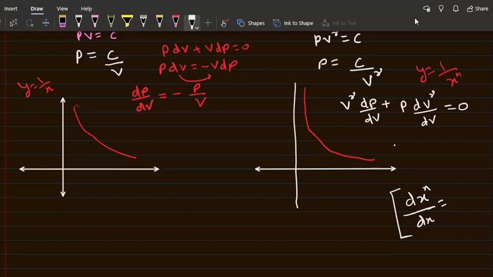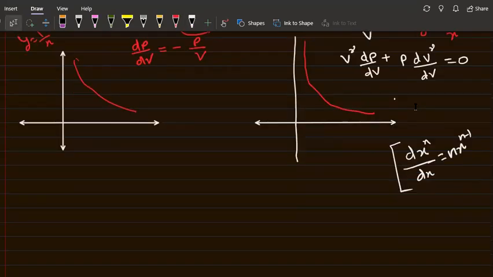Yes, very good. So this is n into x power n minus 1. Everyone knows that, right? Very good. So we will use this.